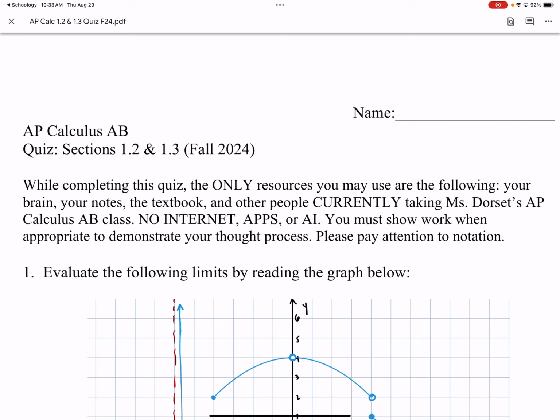You guys know that, and that's not going to benefit you, because we are going to have a test on chapter 1 coming up, and I can tell if you have copied, and I can tell if you've used Wolfram Alpha, because oftentimes Wolfram Alpha is a more complicated way of doing things than how I would teach it.